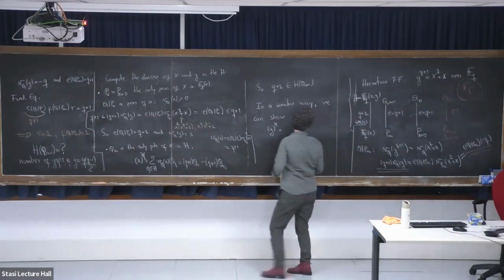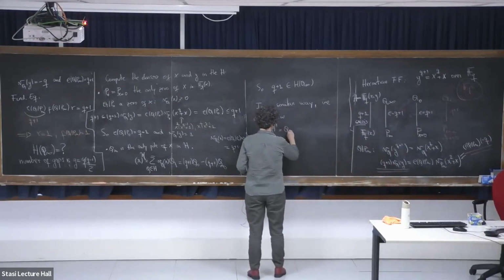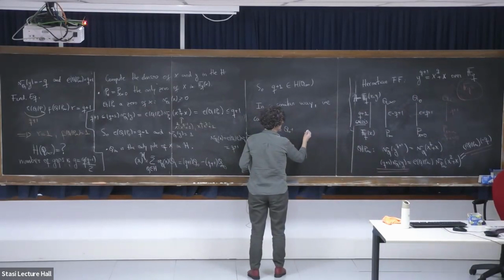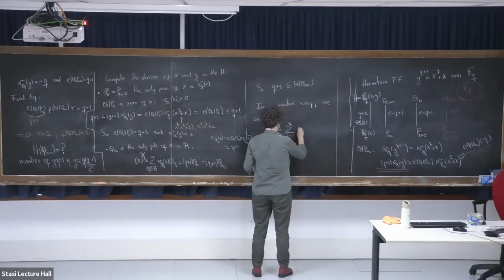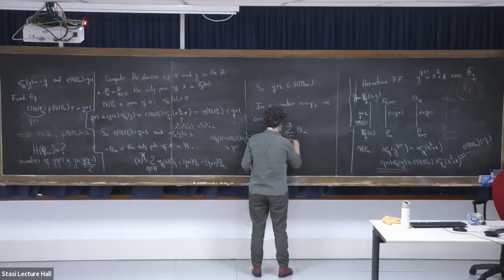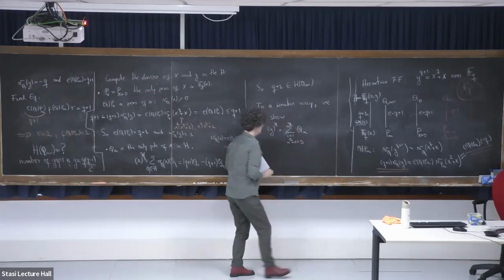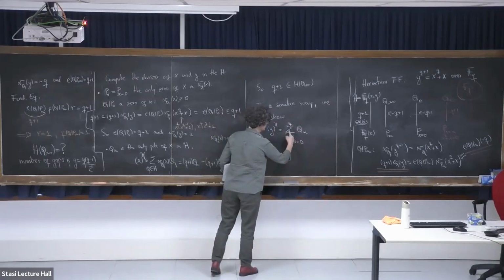So what I have here is Q0 plus the sum over alpha of Q index alpha, such that alpha^q plus alpha is equal to 0. So I have q guys.